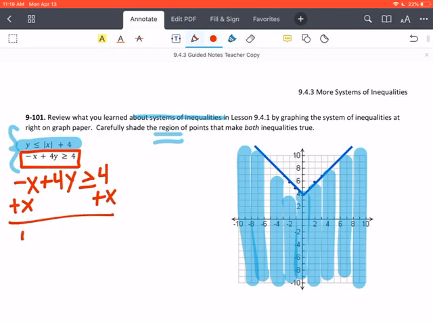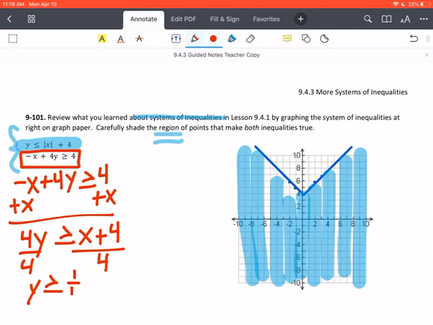So we have 4y is greater than or equal to x plus 4. And then we want to divide everything by 4. That's not negative, so we keep the inequality sign as greater than or equal to. And we have 1/4 x, and then 4 divided by 4 is 1. So this is what we are going to want to graph.